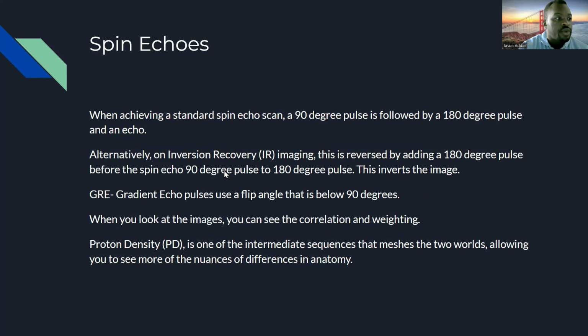Now, the gradients I mentioned, you could almost call them mini magnets that are introduced into the field that allow the field to be strengthened and weighted differently. So they'll have a flip angle, which is the angle of that excitation pulse again.